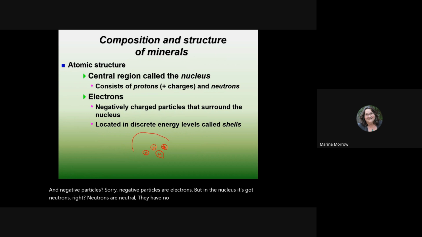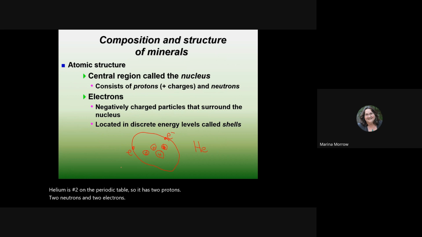So you've got your nucleus of the atom, and around the nucleus you've got your electrons, which have negative charges. Now, this is a really bad drawing here, but it might be recognizable as helium. Helium is number 2 on the periodic table, so it has 2 protons, 2 neutrons, and 2 electrons.